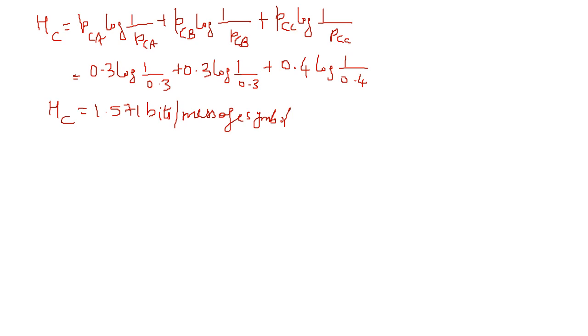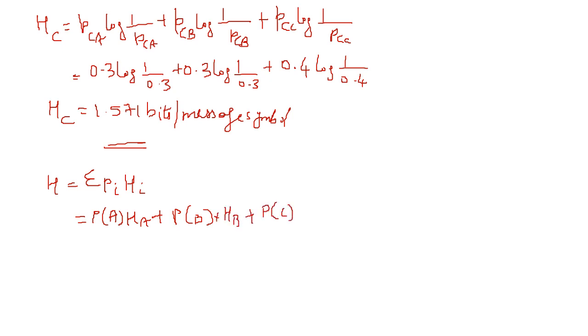Now we know that total entropy H is given by the formula summation Pi into Hi, that is state probability times your state entropy. So we'll write this formula as Pa into Ha plus Pb into Hb plus Pc into Hc. So we'll substitute the respective values here.